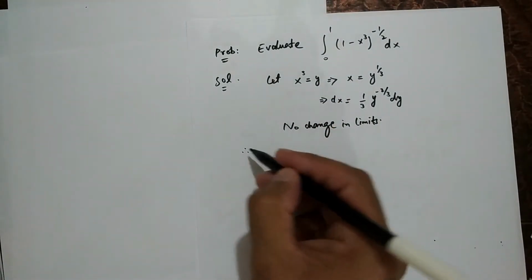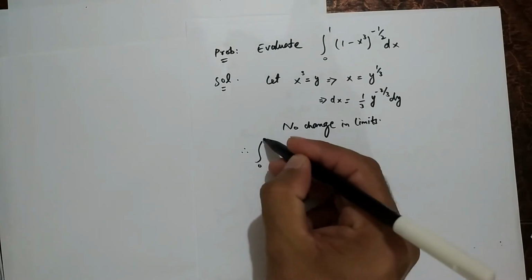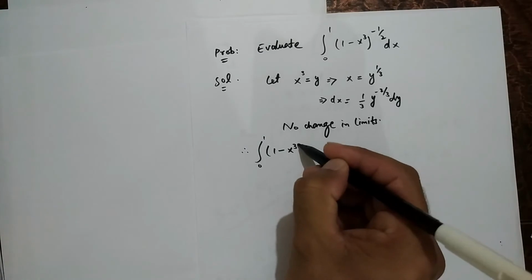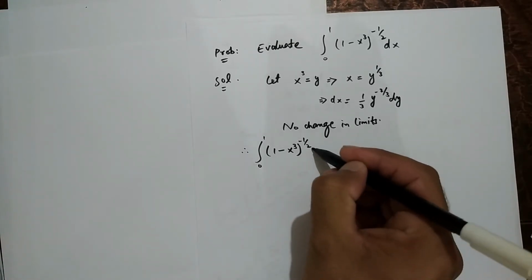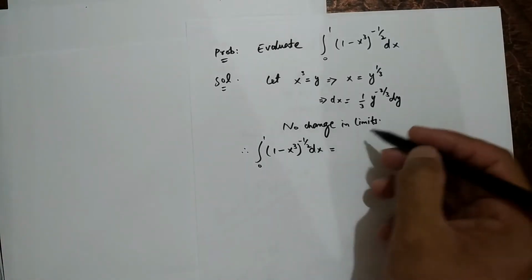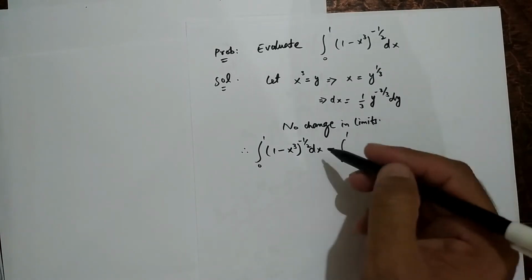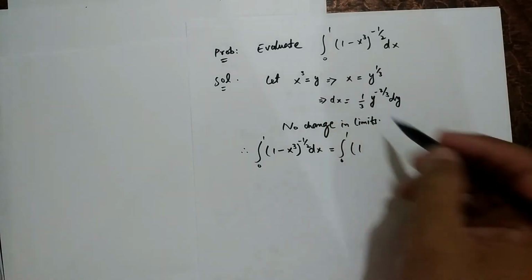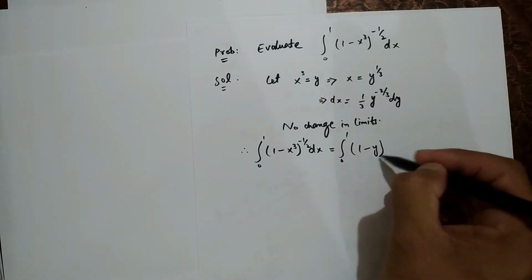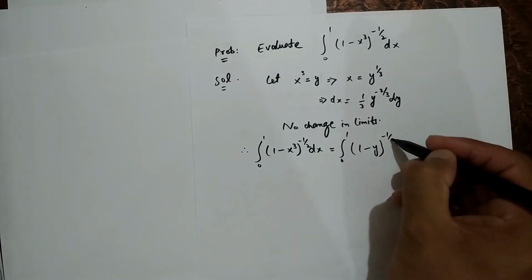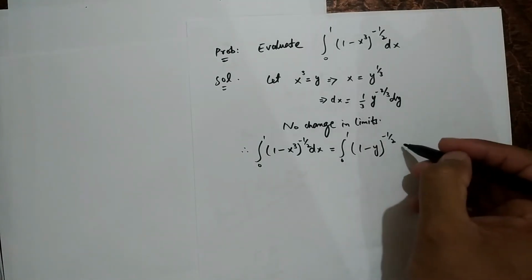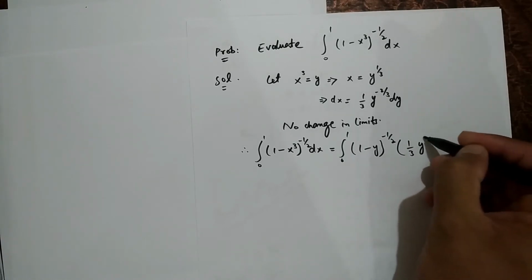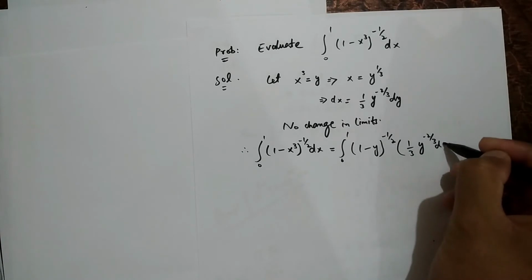Therefore, the integral from 0 to 1 of (1 minus x cube) whole to the power minus 1 over 2 dx can be written as the integral from 0 to 1 of (1 minus y) whole to the power minus 1 over 2, and dx is 1 upon 3 y to the power minus 2 over 3 into dy.